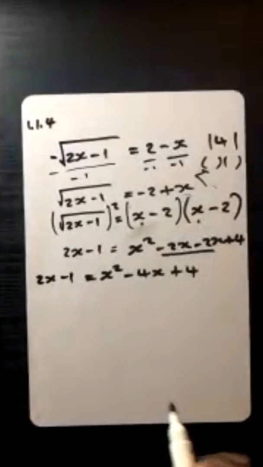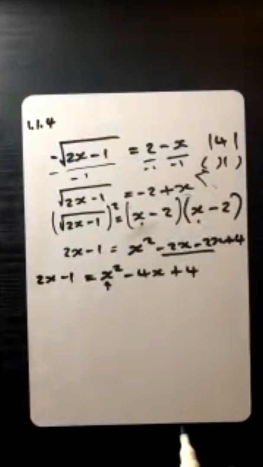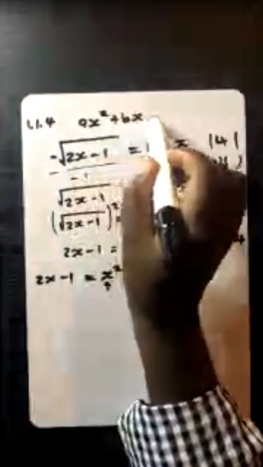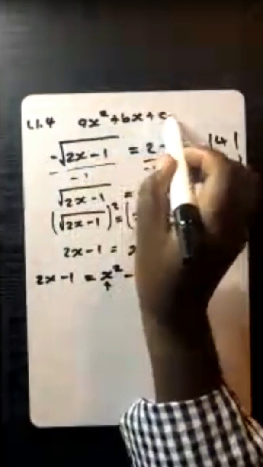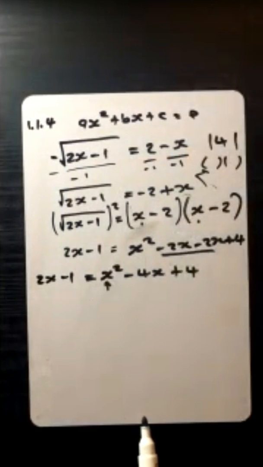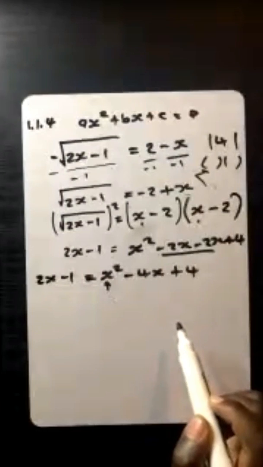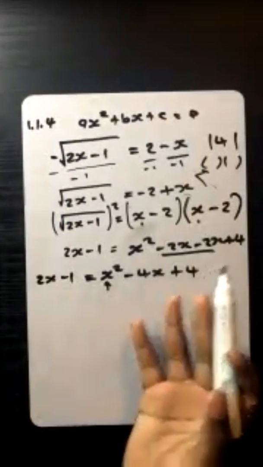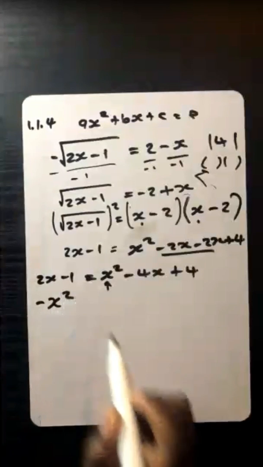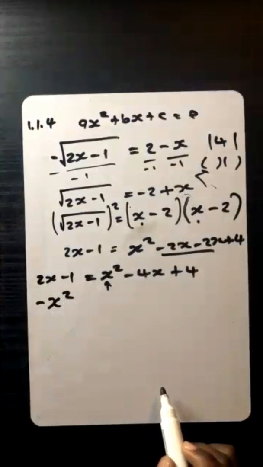So ladies and gentlemen, because you notice it's a quadratic equation, you therefore need to write it in the standard form of ax squared plus bx plus c and equate everything to 0. Very, very important, ladies and gentlemen. It is for that reason that you need to move everything to the left side of the equal sign. So you start with that negative x squared.